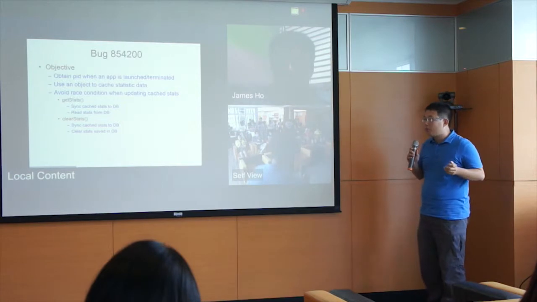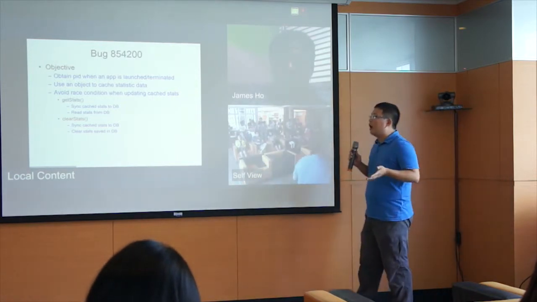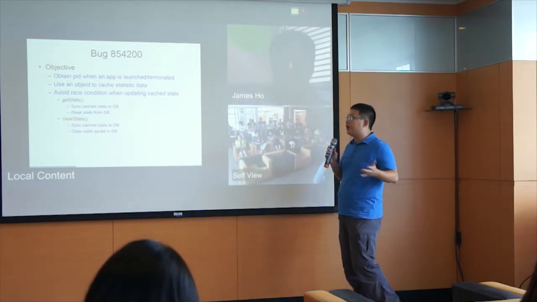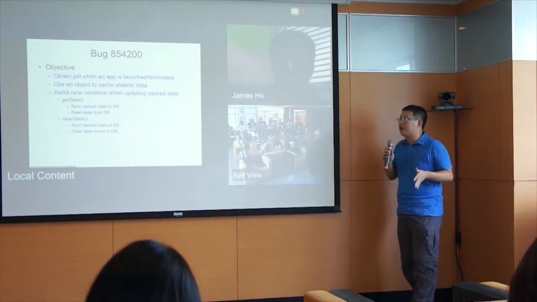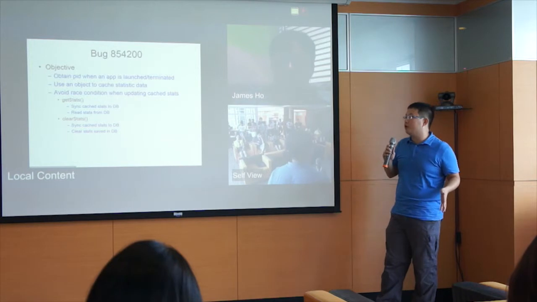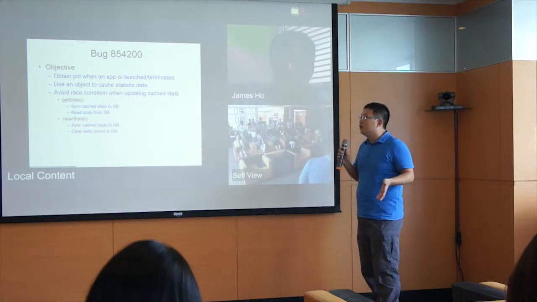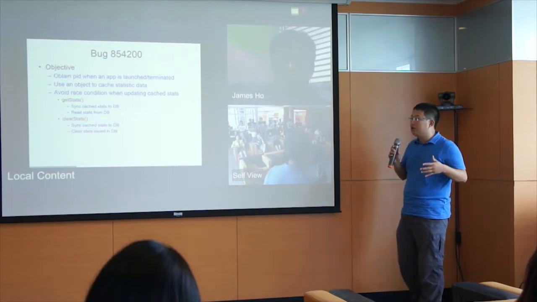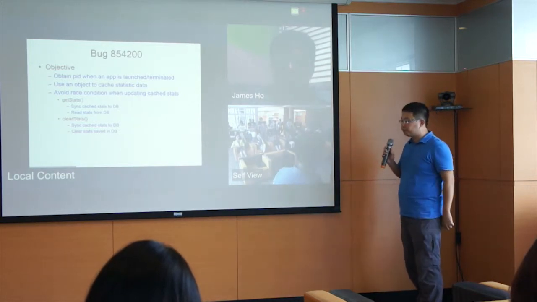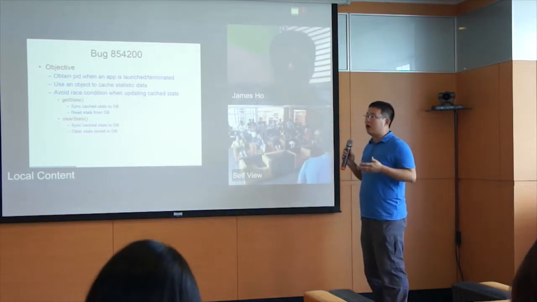So, for example, when I call the get statistics API, this will first sync the cached statistics to the database and perform the read operation. And for clear statistics, it will also first sync the data to the database and clear the related database entries. So somehow this will work.